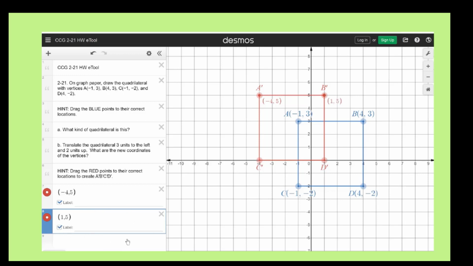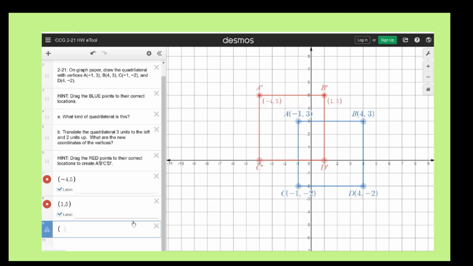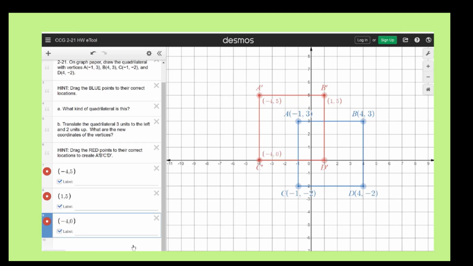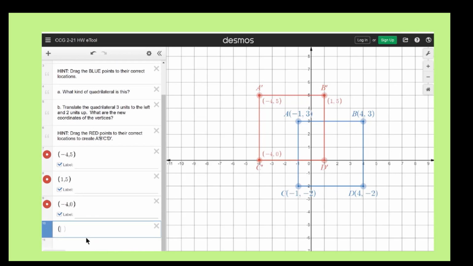Okay, then I'm going to go down to C prime, and that one is just -4, 0. So we're going to go -4, 0. Change the color because I just have to have them all be red. And then we're going to hit the label. There you go. And last but not least, our D prime. Okay, and that's going to be 1, 0. So 1, 0.